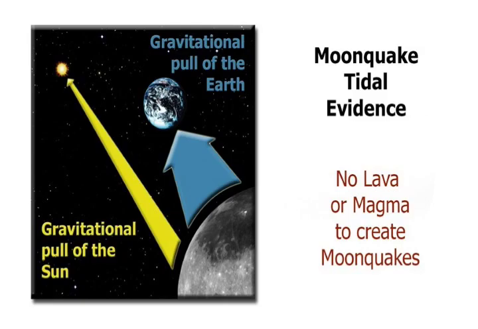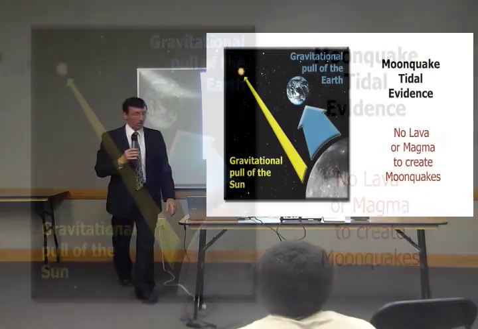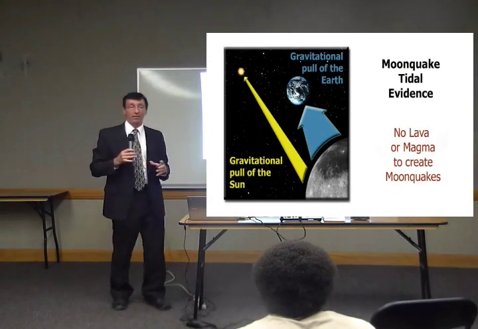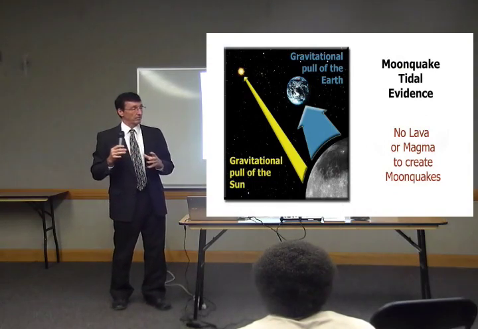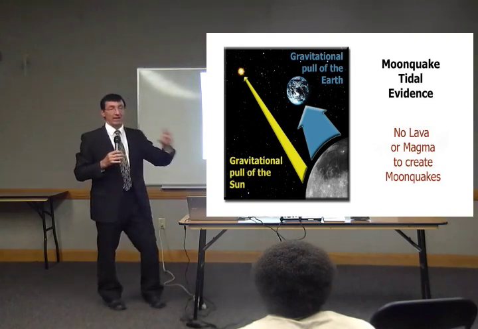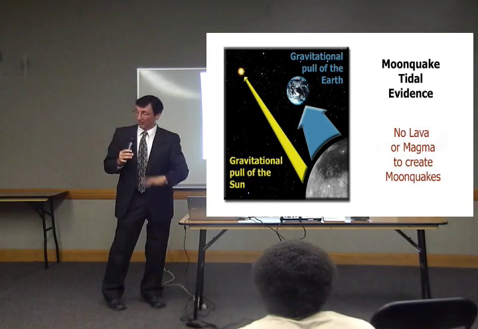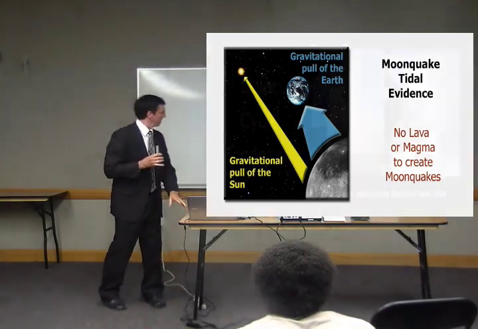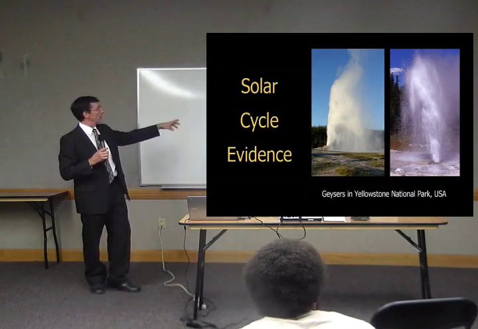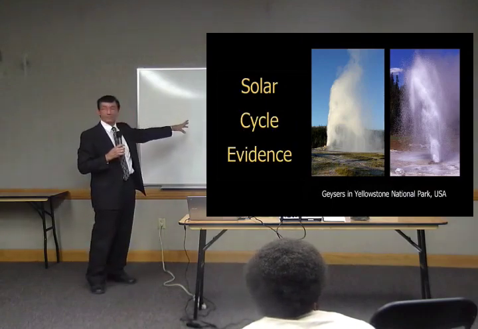So the Earth, because it's so close, feels twice the gravitational pull from the moon as we do from the sun. That's why twice a day we have not only ocean tides, but earth tides. Even the geysers in Yellowstone are affected by the solar cycles.